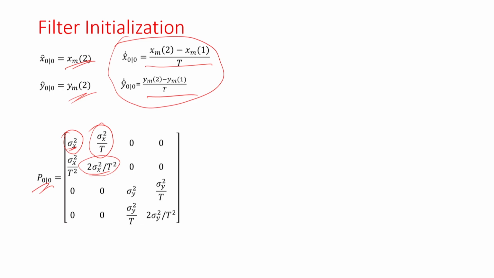Now, there is a question. With this kind of initialization, how is my filter going to behave? My filter will behave with a sharp decay. If you plot a Monte Carlo run, or even a single run error, when you see your P matrix after a single run, a sharp fall will come. Why will this sharp fall come?